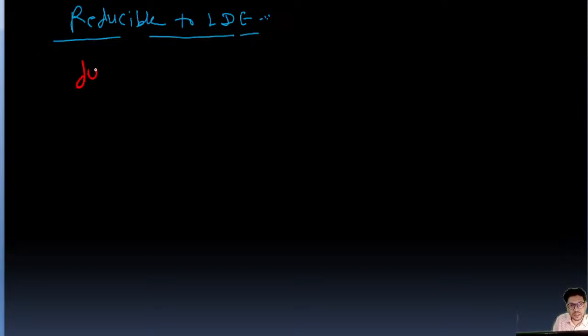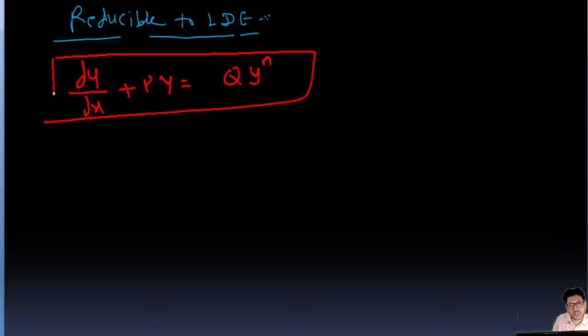So this is dy over dx plus py equal to qy to the power n. If any equation is in this form, we can reduce this equation into a linear differential equation and solve it.